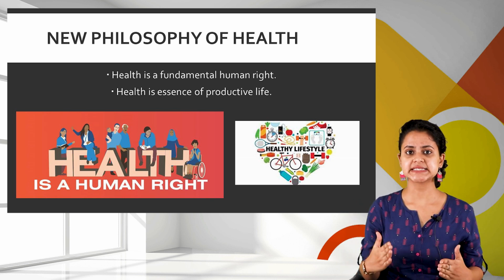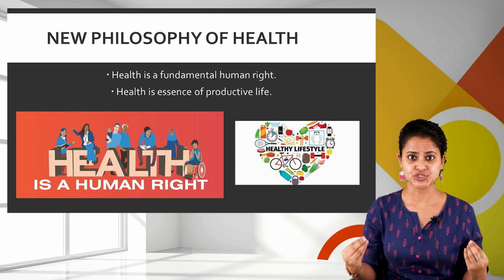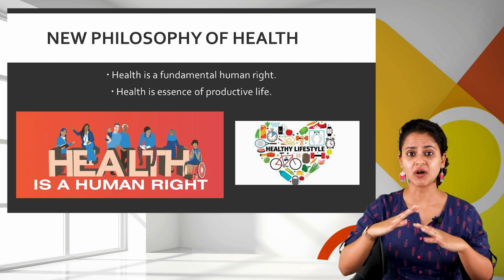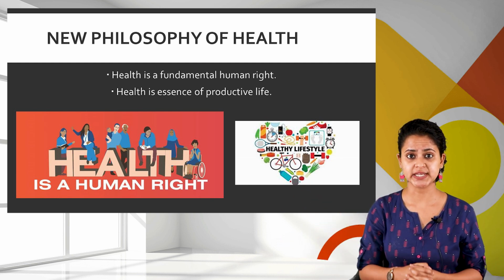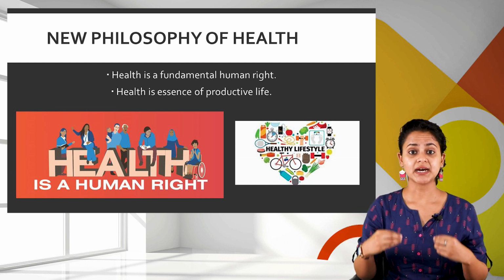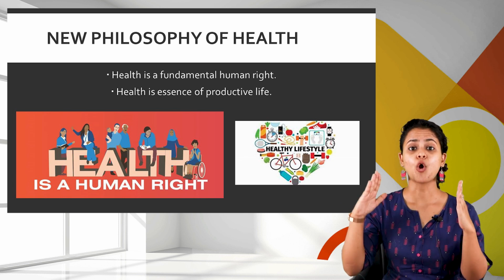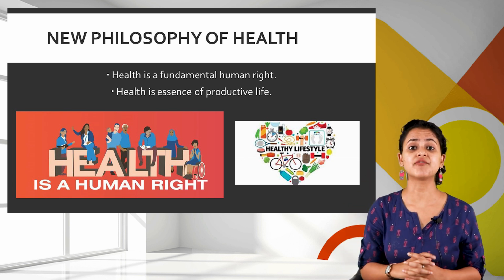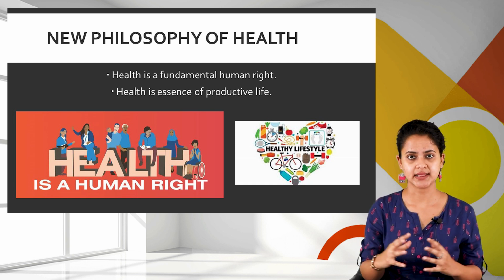That's the reason health is a condition which should be got by every individual in today's scenario. So health is basically considered as a human right. All the general population have the right to access health.